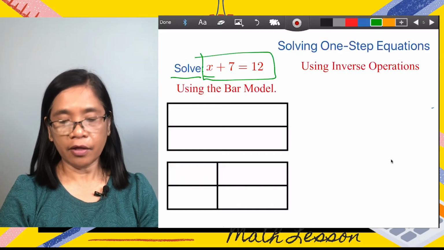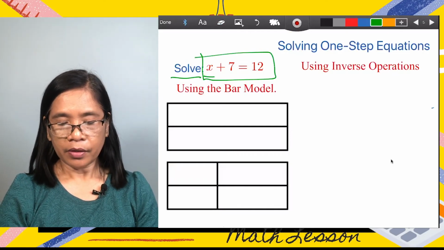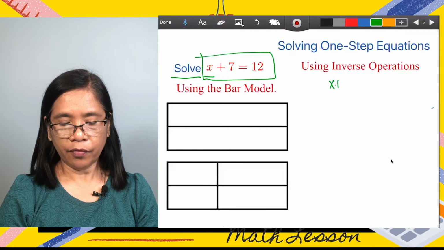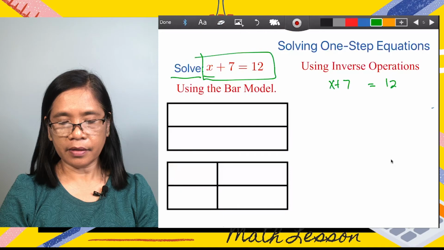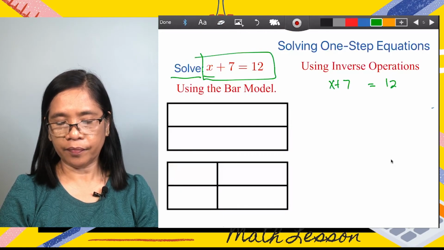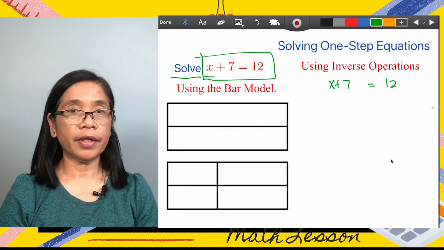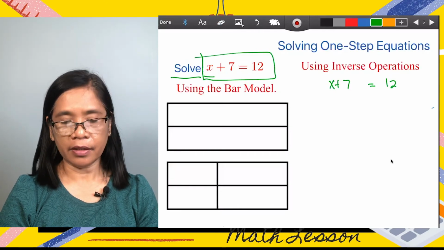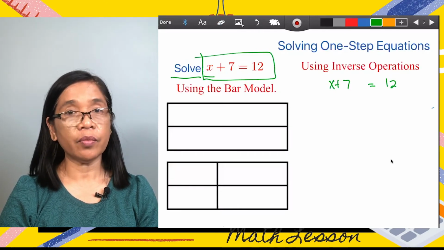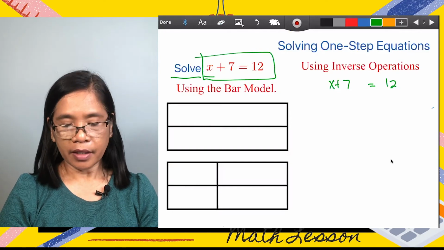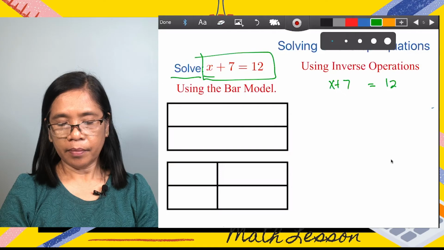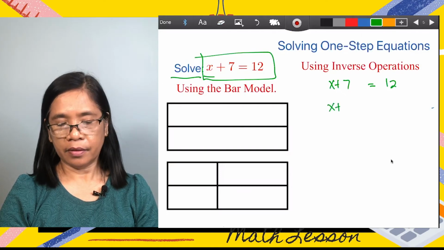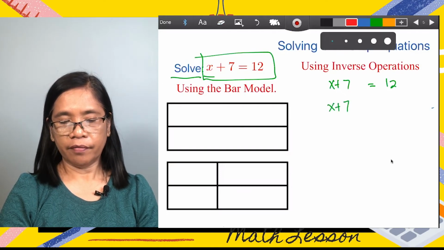So if we have x plus 7 is equal to 12, we need to isolate the variable. That means to keep the variable on one side. So we will eliminate 7 by using the inverse operation of adding 7, which is subtracting 7. So we have x plus 7 minus 7 is equal to 12 minus 7.